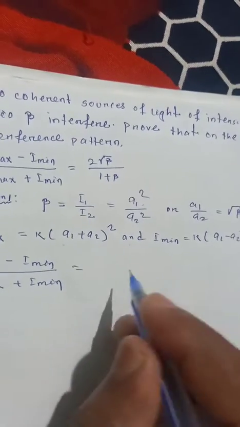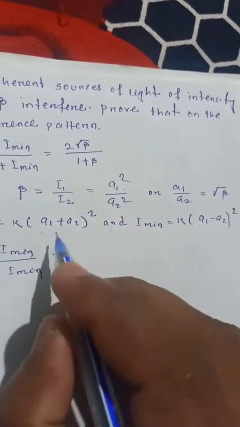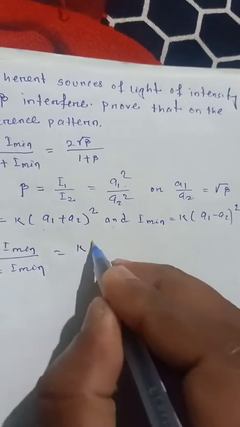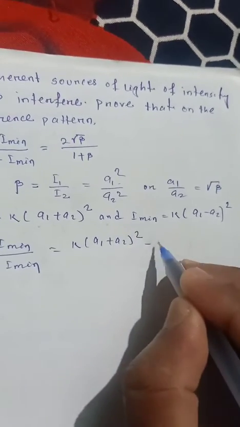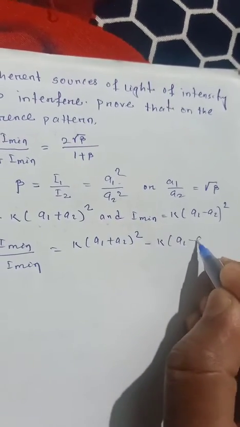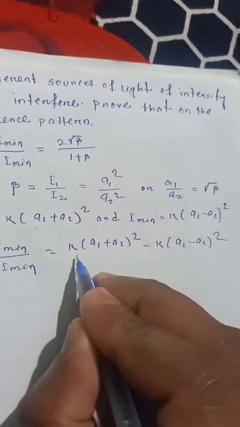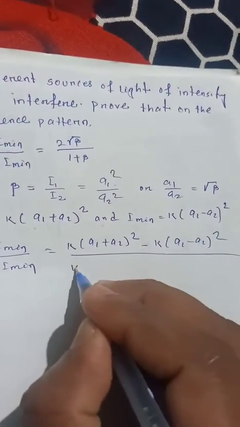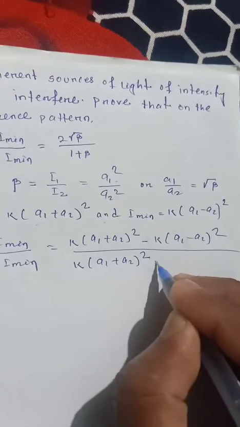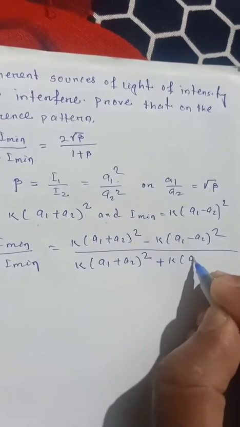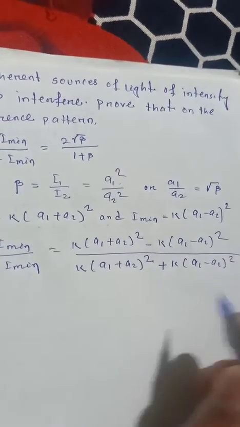The value is K times (A1 plus A2) whole square minus K times (A1 minus A2) whole square, divided by K times (A1 plus A2) whole square plus K times (A1 minus A2) whole square.